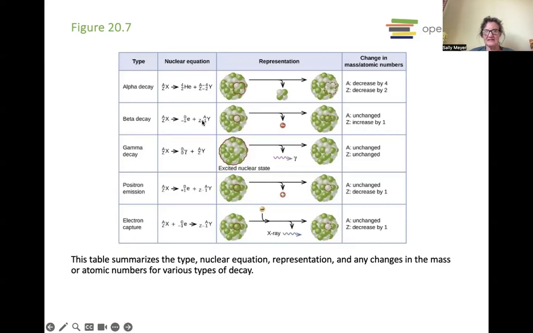The mass number remains the same. So A is the same, but the proton number goes up by 1 because one of the neutrons became a proton. So just like above, you can balance the charge and the mass.